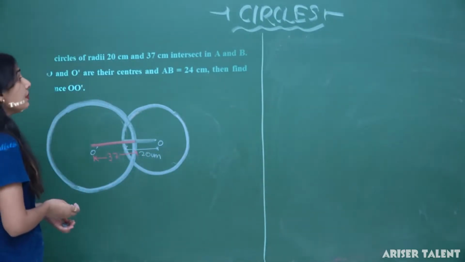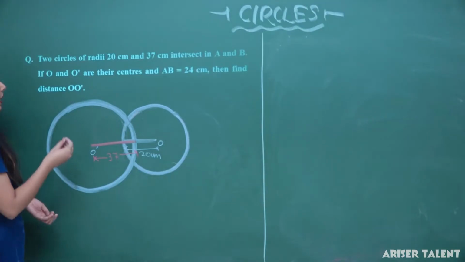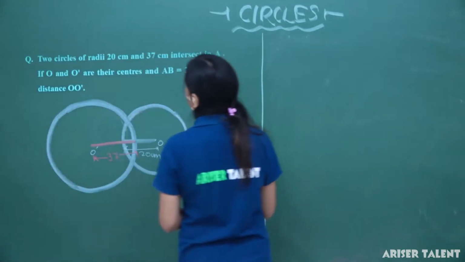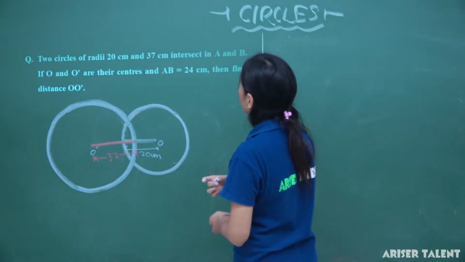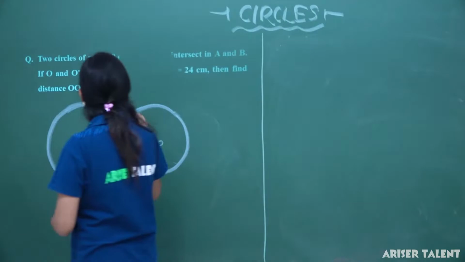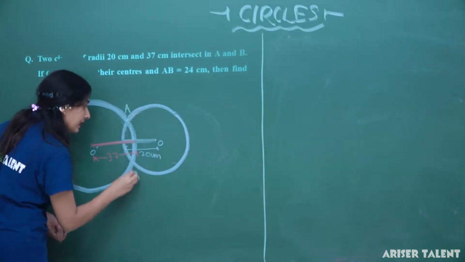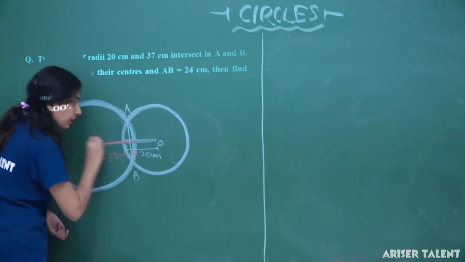The circles intersect at A and B. So the first point here is A and the second is B.